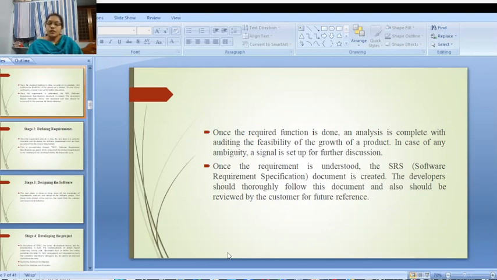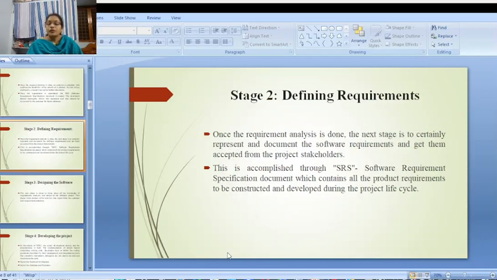After gathering the requirements and doing the planning, I'll go with the second stage, that is defining your requirements. Once the requirement analysis is done, the next stage is to represent the software requirements in a document and get them accepted by the project stakeholders. In this second stage, the requirements document will be represented and approved by the project stakeholders.